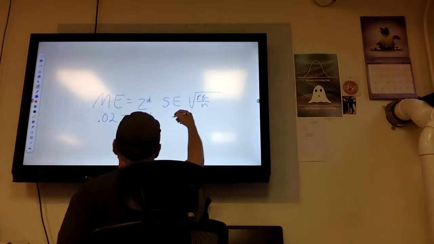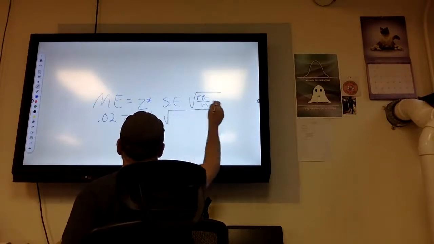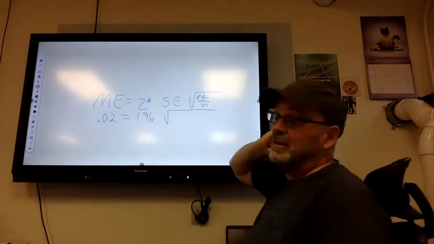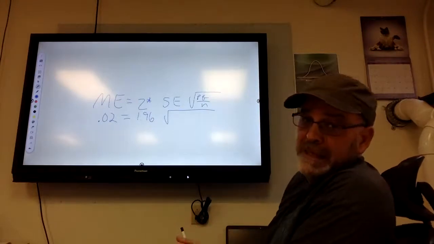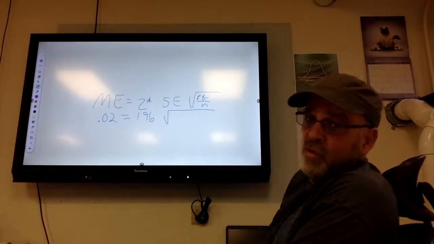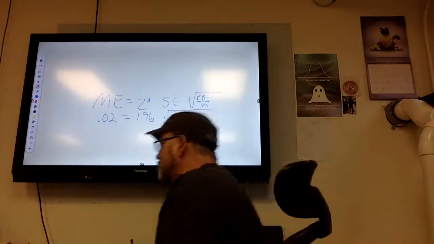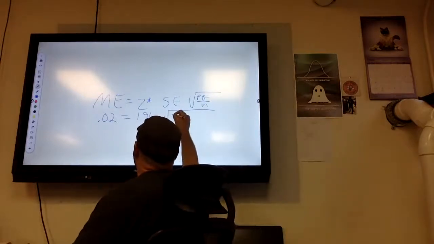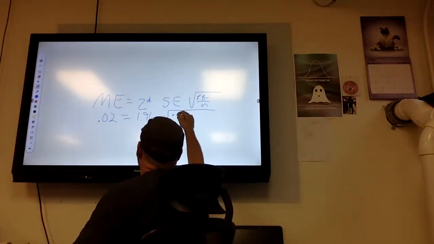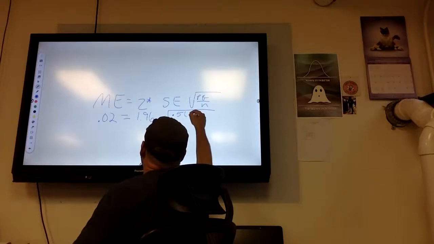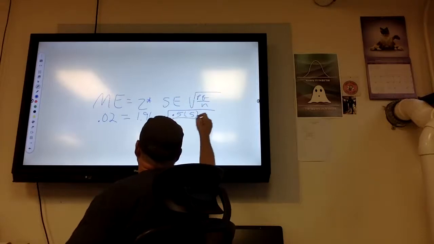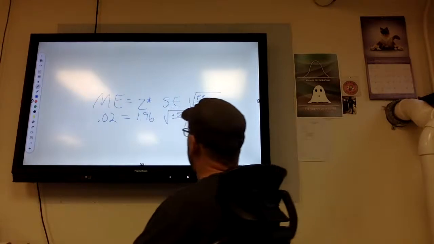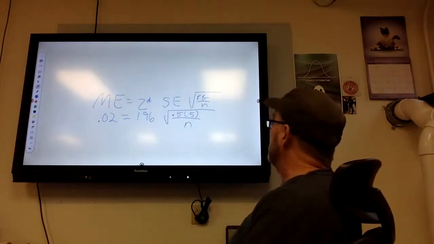1.96, and now we're going to do the square root of PQ over N. Now, listen closely. If no P is given, you want to be as conservative as you can, so you make it 50-50. So it's 0.5 times 0.5 over N. Now, a little algebraic manipulation.